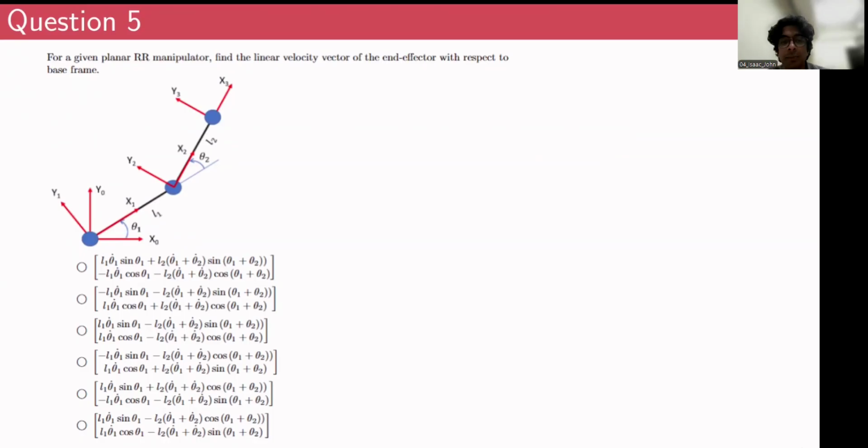Either you can use the velocity propagation equation, i+1V i+1, which is nothing but i+1R i multiplied by (iVi plus i omega i cross iP i+1).